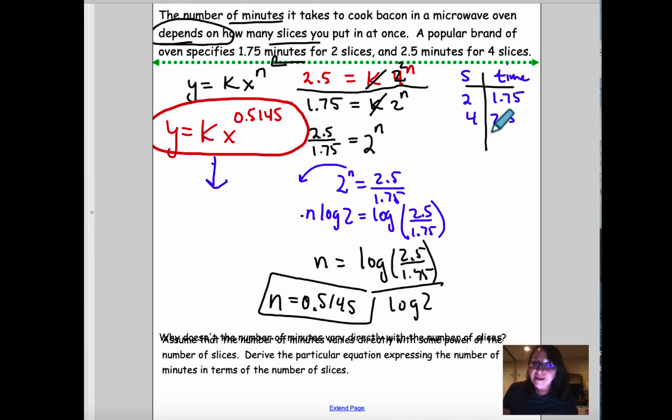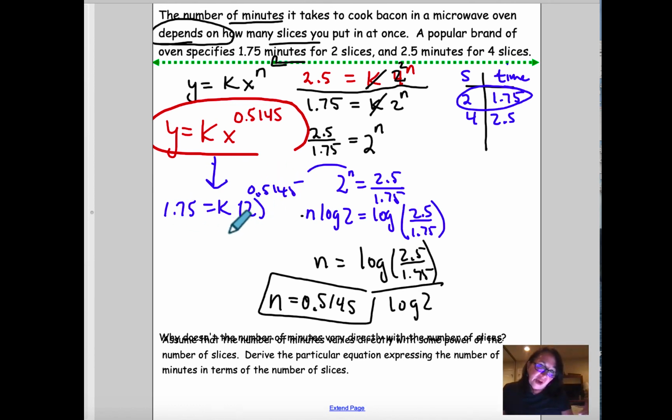But now we have to find the particular equation, and to find the particular equation, I need k. So pick a number, either one, to find k. So we're going to go 1.75 equals k times x. What's x? X is 2 to the 0.5145.